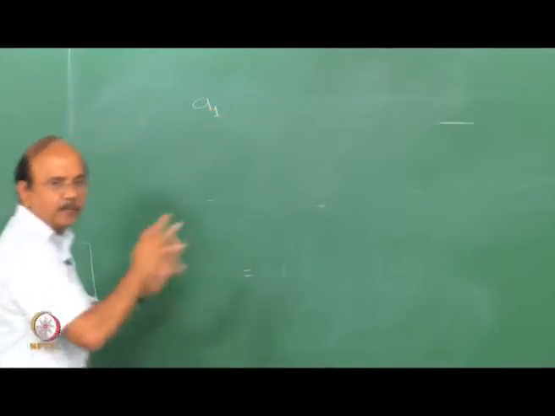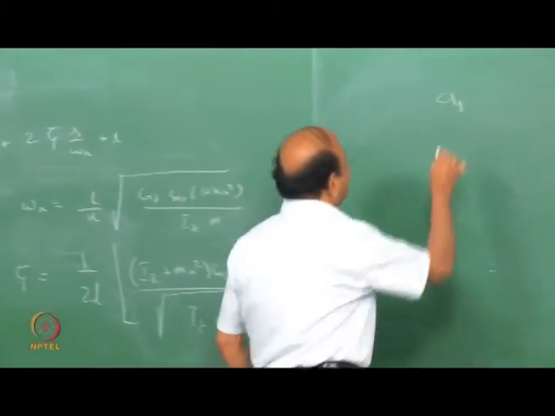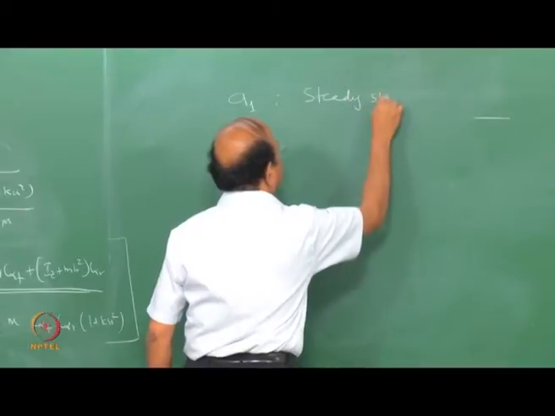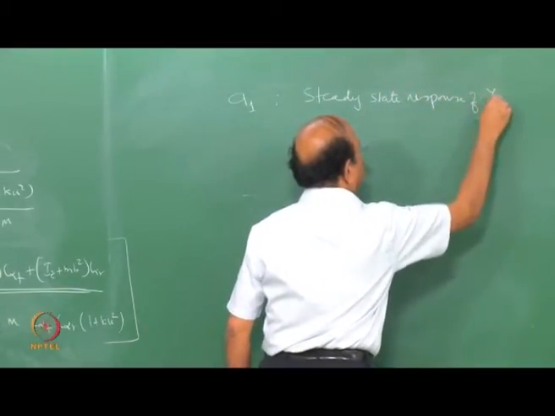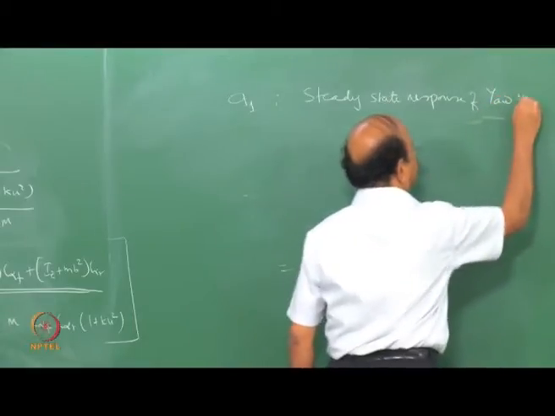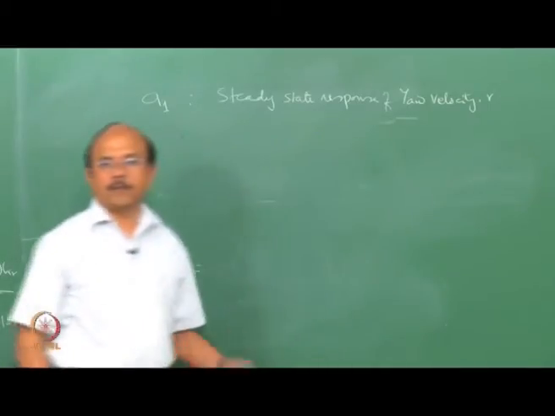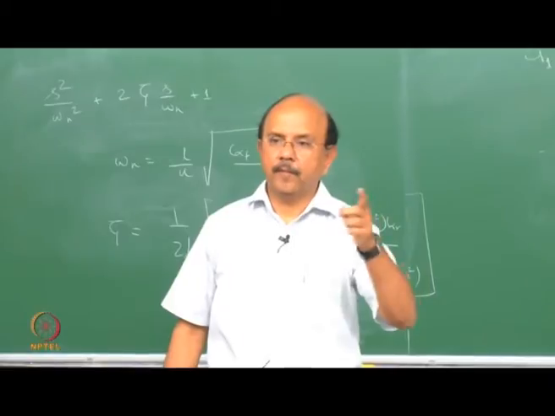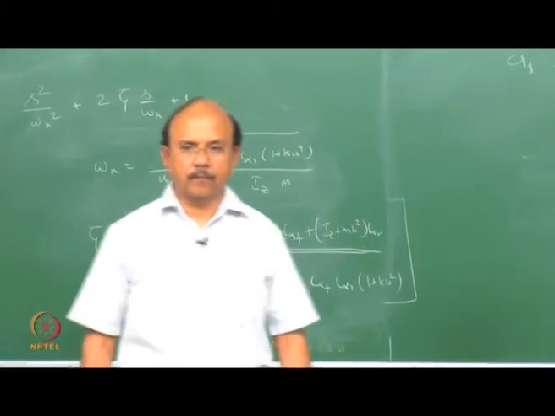All of this we have already derived. One is what is called the steady state response of your velocity r. Remember what this quantity was? V divided by L into 1 plus Ku squared, which we just now wrote.